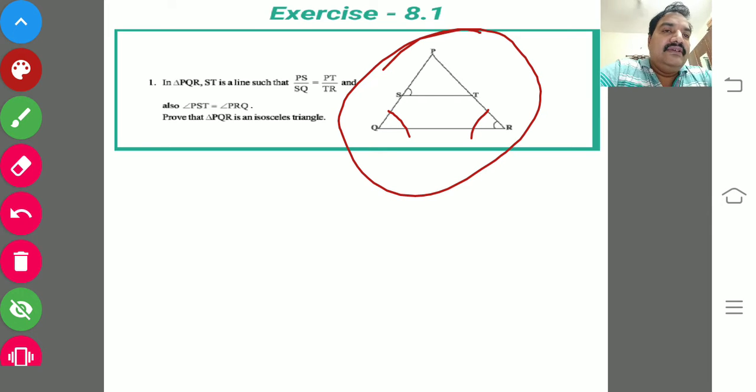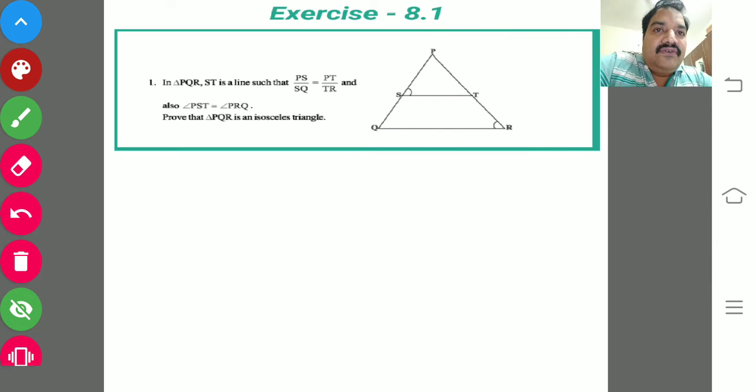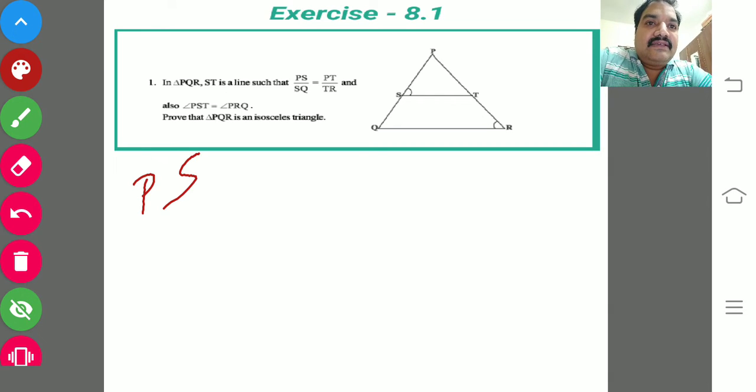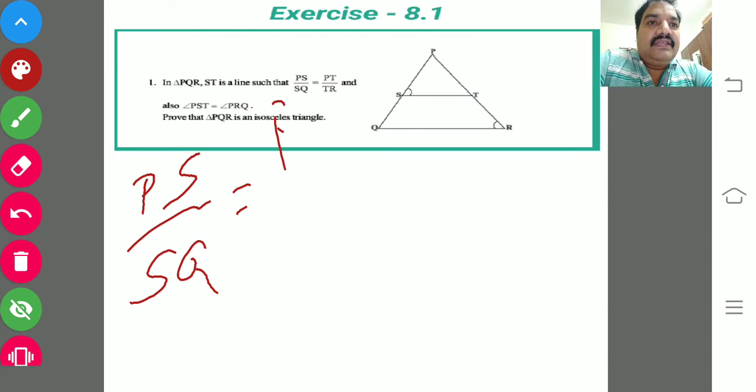Very simple. After finding that the angles are equal, you can easily prove that their opposite sides are equal. So without wasting time, what is given here? PS by SQ equals PT by TR.